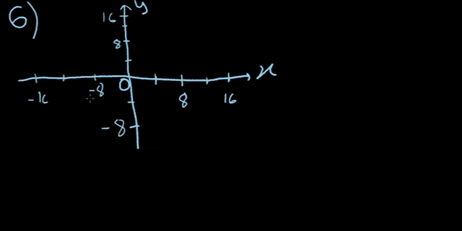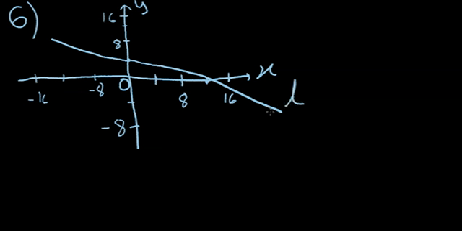Okay, and there's a line between y equals 4 and x equals 12. So let's try and draw that as nicely as we can with freehand. Okay, something like that, and that is line L.